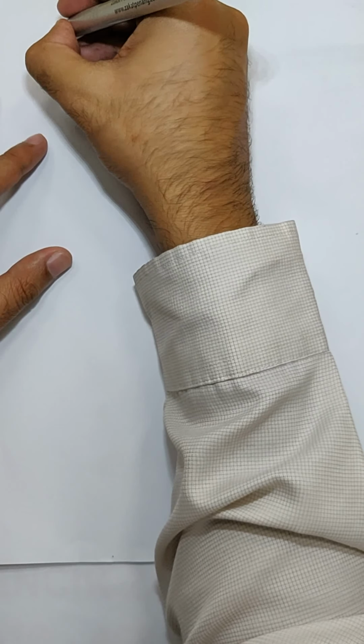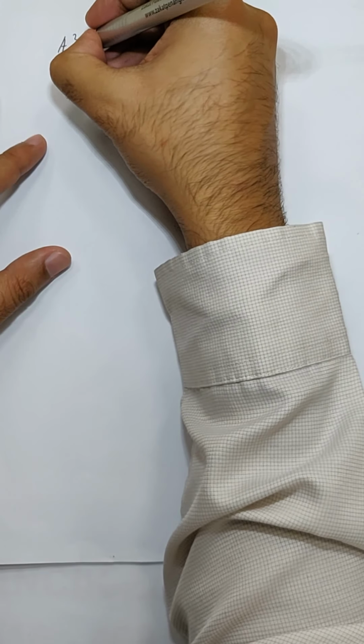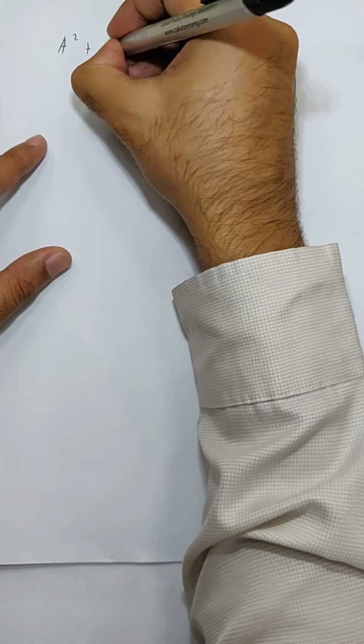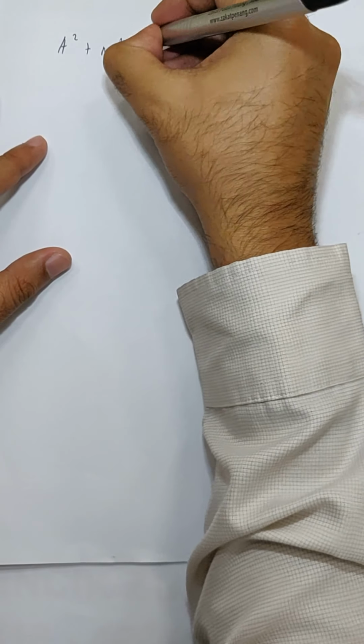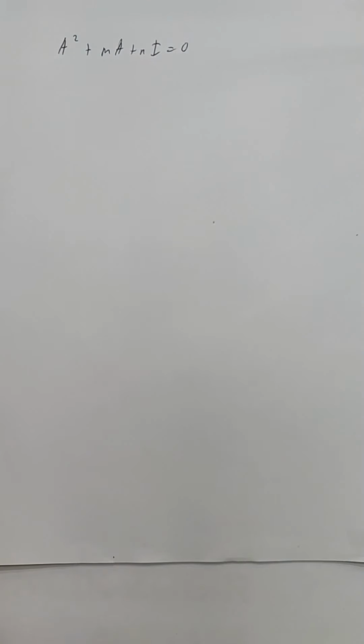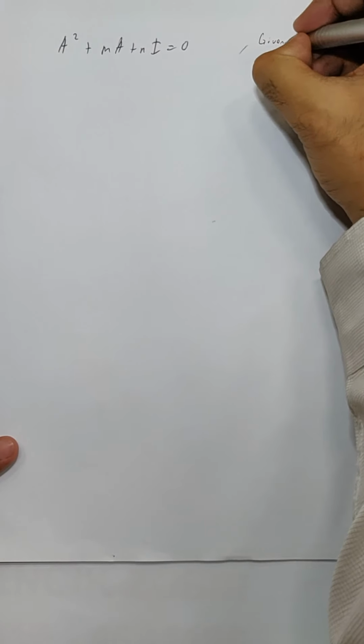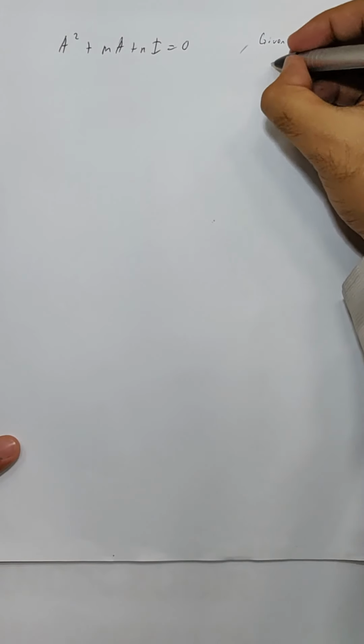We're given A squared plus MA plus NI equals 0. Let's just say you know A. Doesn't matter that much. M and N are constants.